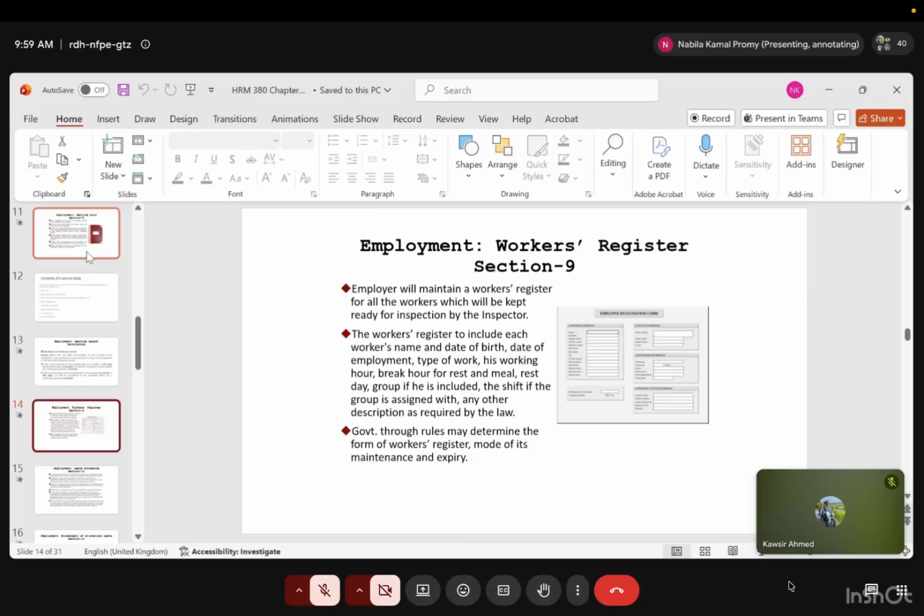If there is any incident, or what type of lunch was provided by the company, those regular day-to-day information will be recorded in the register book.